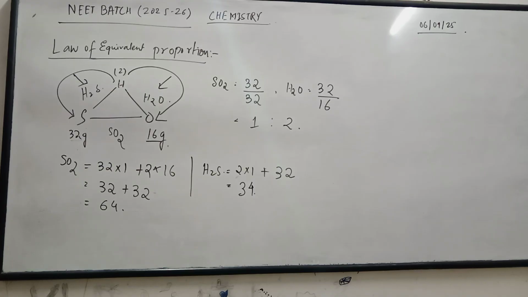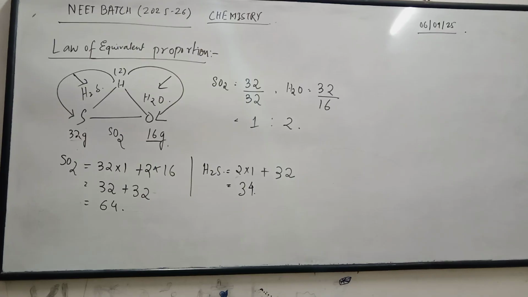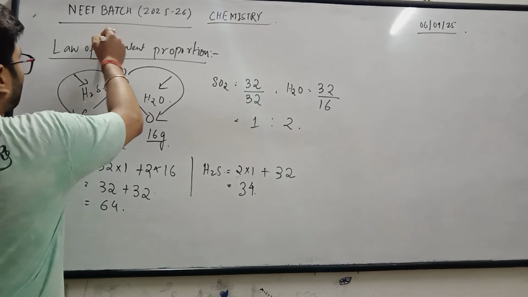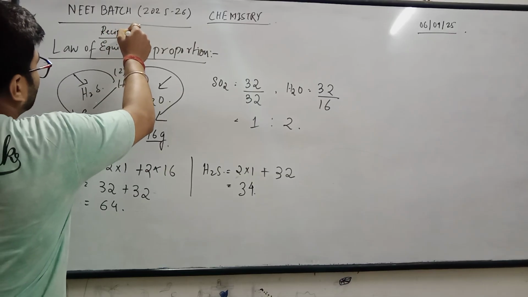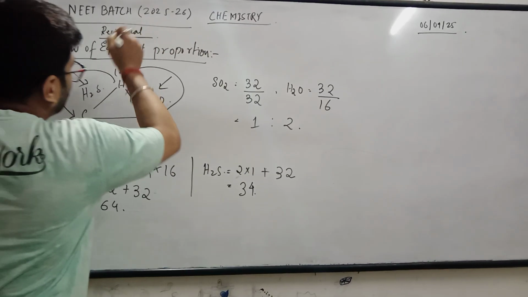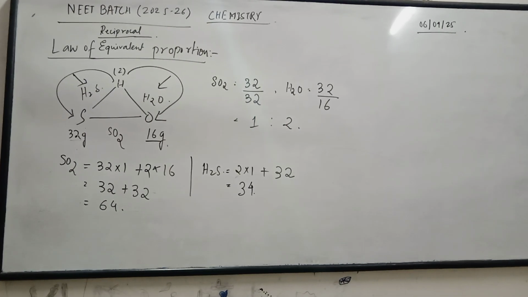That is why it is known as the law of equivalent proportion, or it has a different name, law of reciprocal proportion. Don't forget, sometimes this is asked: law of multiple proportion, law of equivalent proportion or law of reciprocal proportion.